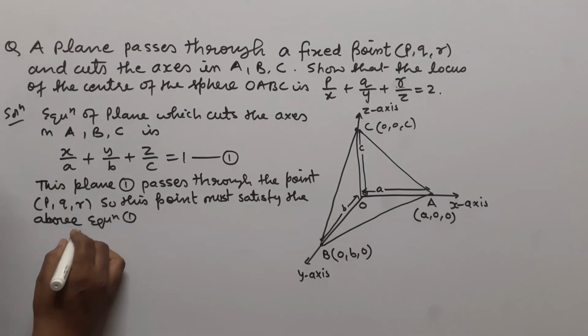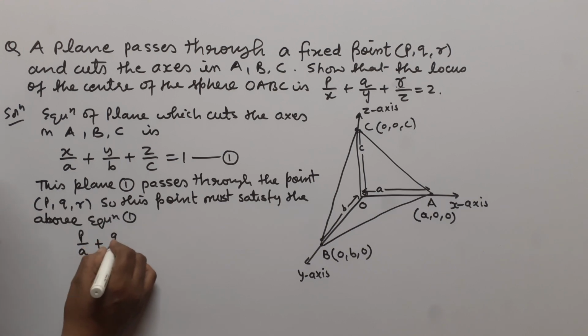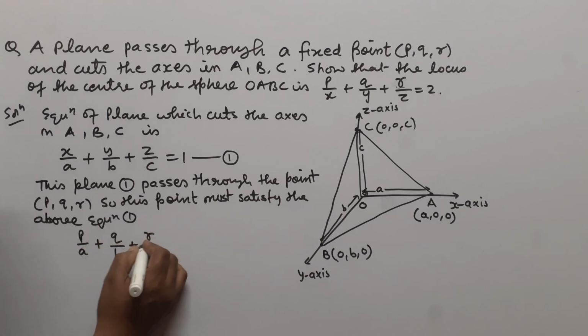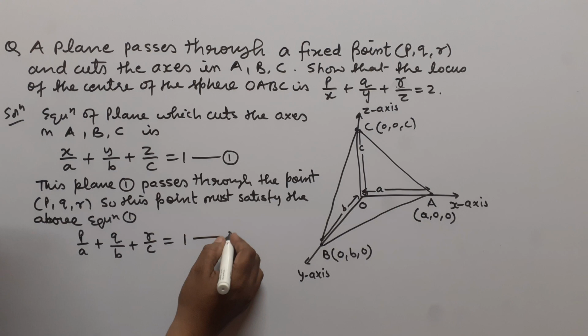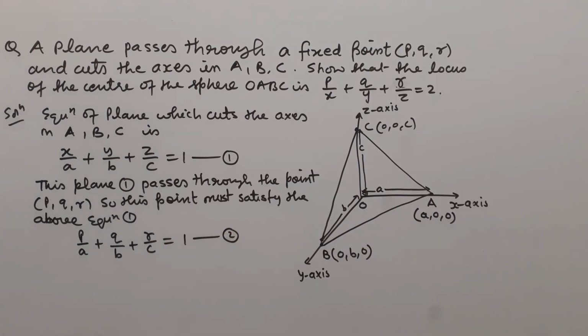So this can be written as P upon a plus Q upon b plus R upon c is equal to 1. This is, suppose, the second equation.